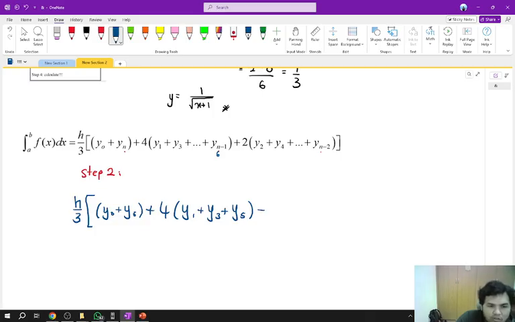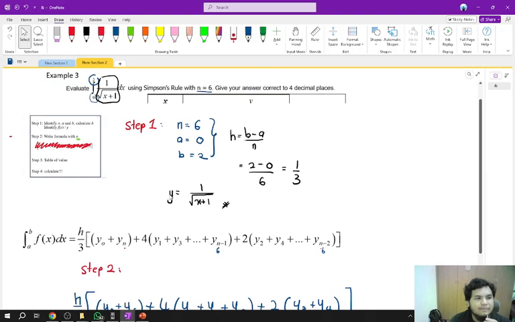Next, for the last one, 2 times y2 and y4. How do I know until y4? When you replace n again with 6, 6 minus 2 results in 4, and thus we just add up y2 and y4 only, no y6. Okay, so now we have done step number 2, writing back the equation of Simpson with the given n.